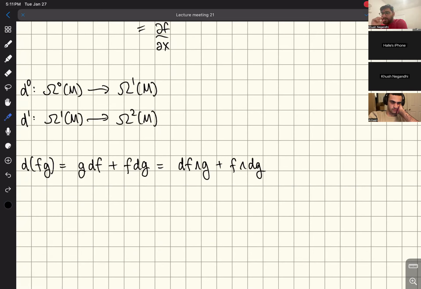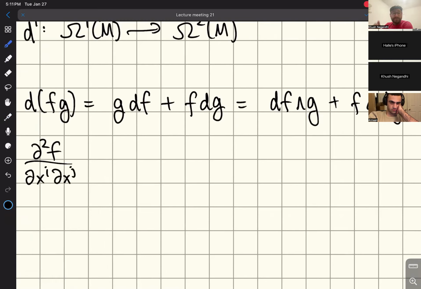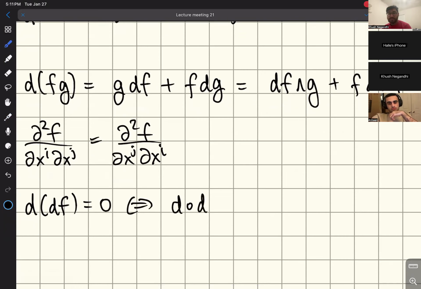What I mean is that taking the derivative in direction j first and then i is the same thing as doing i first and then j. So one condition that I'm going to impose on this differential map is that if I take the differential of something that's already a differential, I must get zero. In other words, d composed with d must be zero.